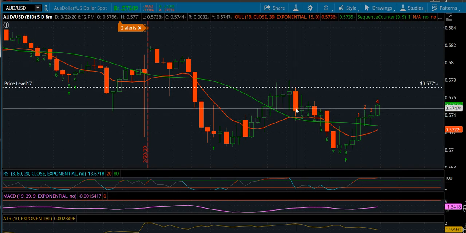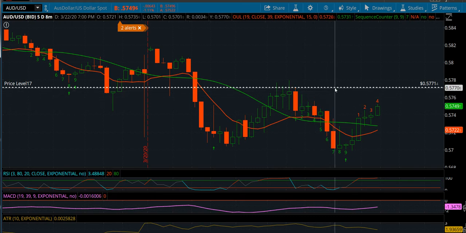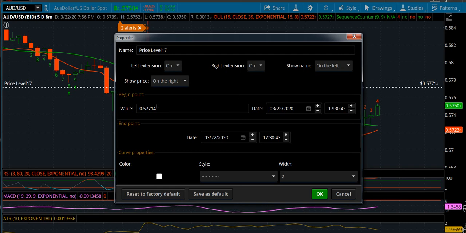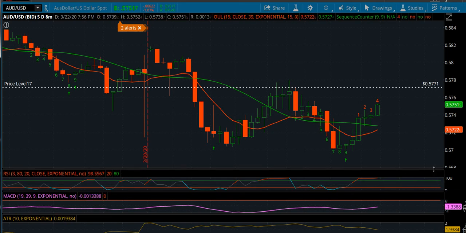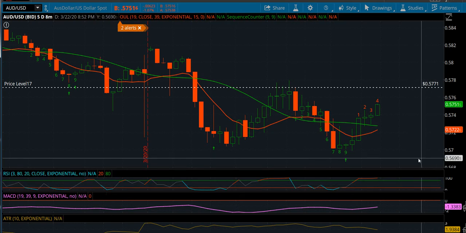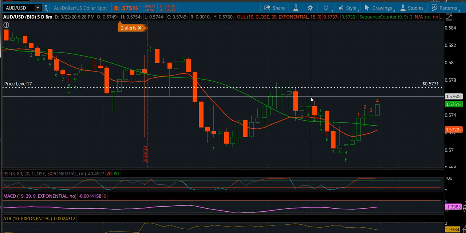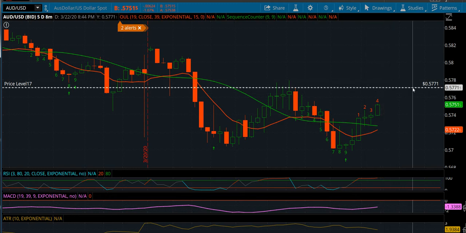And I'm going to make sure we're at that price. This high is 5771. So I'm just going to put it exact, 5771. So the minimum expectation is for price to get up to this line.